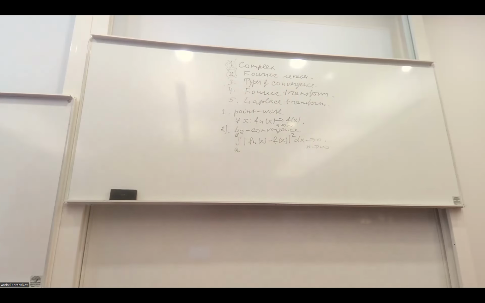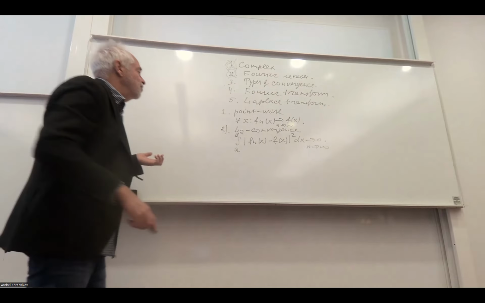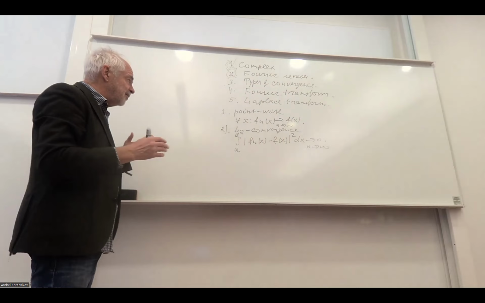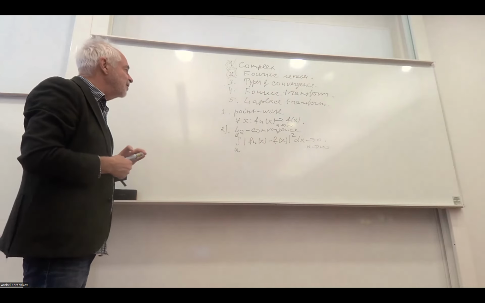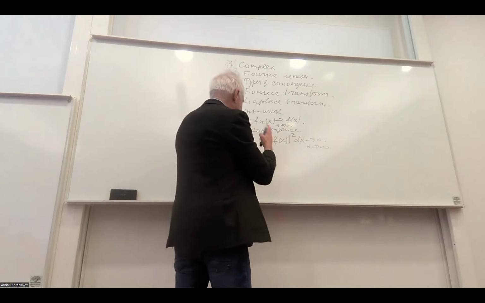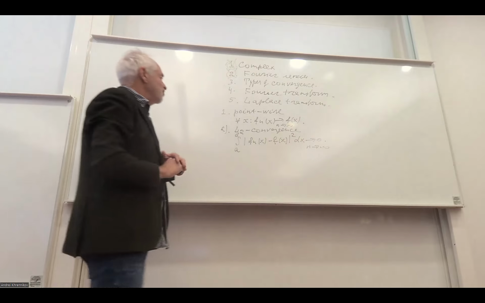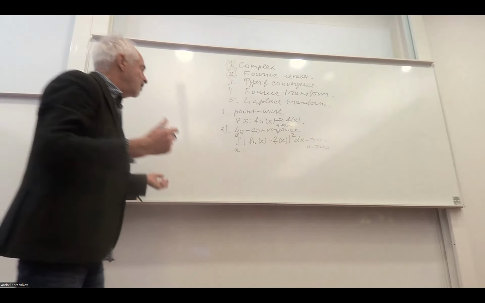As I told in applications, this means that the energy of the difference of two signals goes to 0. So this is one signal. It is typically approximated by other signals, for example, by partial sums of a Fourier series. And the difference of energy between this sum and our original signal goes to 0. How are they related?